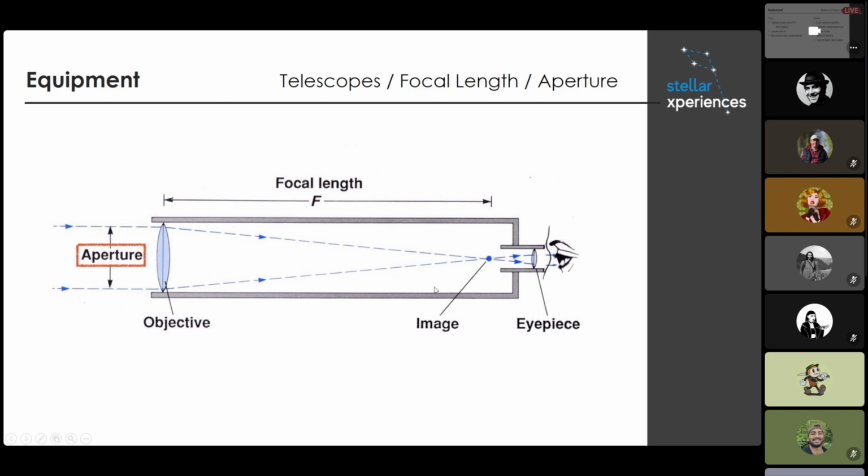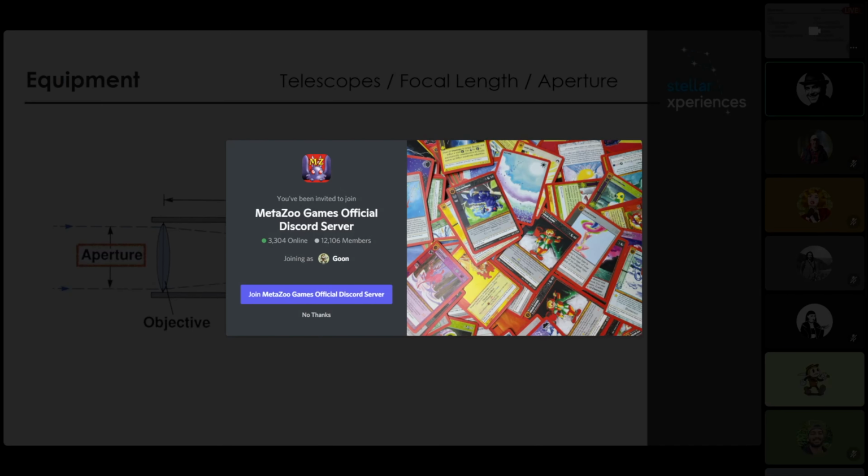Focal length is a distance, and it is given in millimeters, between the telescope's primary lens or mirror and the point where the light rays come together in focus.